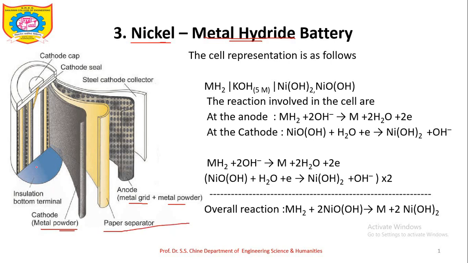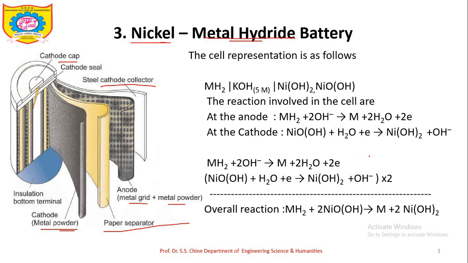Then there is an insulation bottom terminal, and all these are kept in a steel container. There is also a steel cathode collector. So this is capped with the steel cap, which is considered as a cathode cap.